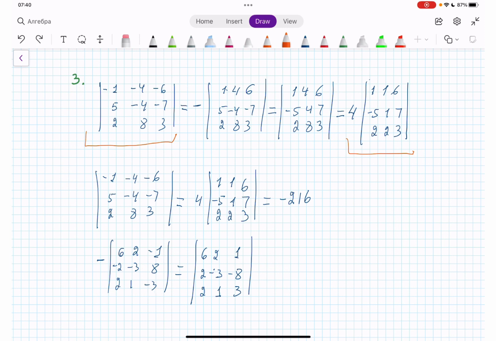It is also worth noting that the numbers in the first column are divisible by 2, right? 6, 2, and 2. We can divide by 2 without any remainder. But I'm not going to bother with it because the numbers are small and easy to work with, so I'm going to leave it alone.